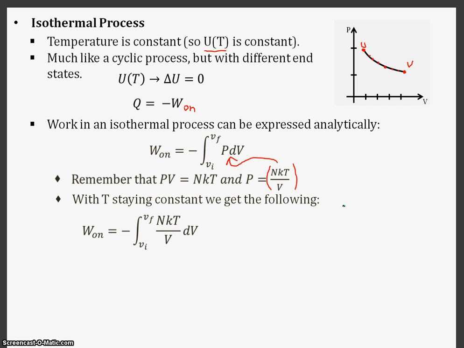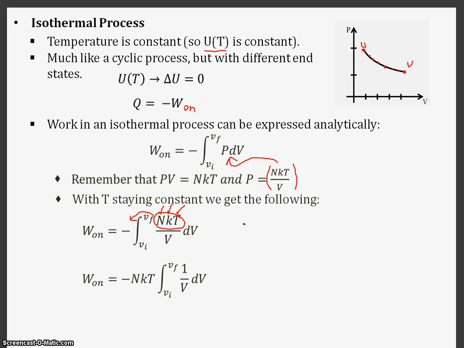The work on the gas in an isothermal process is NKT over V times dV, from V initial to V final. The nice thing is N is constant, K is constant, and for an isothermal process, T is constant. So you can take all of this and bring it outside the integral.